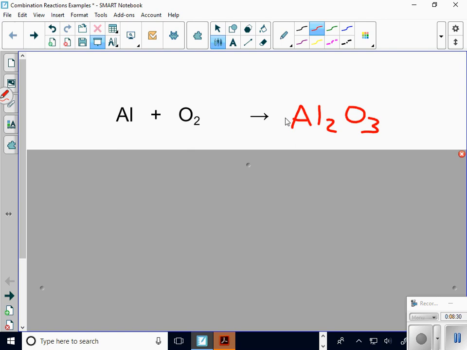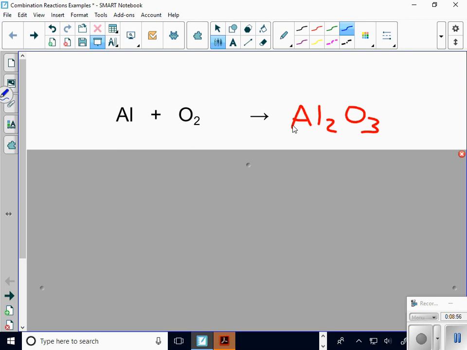What's the final thing I need to do? What did we do yesterday? Balance. Okay? Is this a balanced chemical equation? No, it is not. So I need to go through and balance this equation. When I look at this, my problem, first of all, is going to be the odd and the even oxygen.